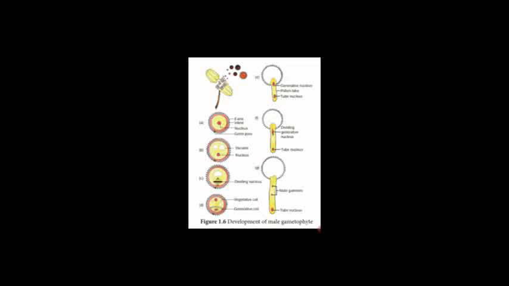Next one, at this two-celled stage only, the pollen grains are liberated from the anther lobe. Before reaching the right stigma, the outer exine of the pollen grain absorbs water or moisture and swells up. So through the germ pore, the intine moves out as a pollen tube.